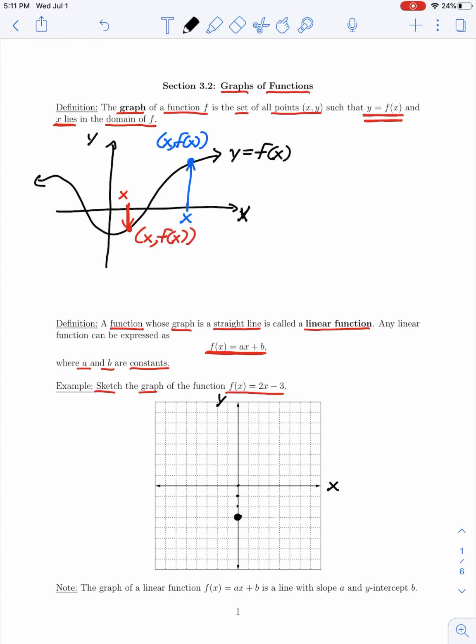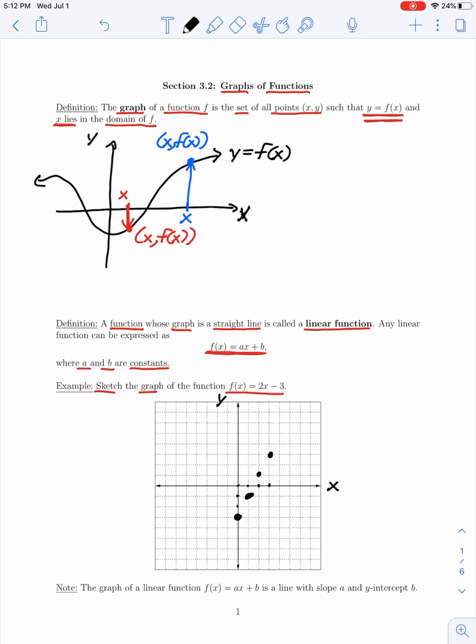Now if x is equal to 1, the value of our function f of 1 would be negative 1. So our curve is passing through 1, negative 1. Then when x is equal to 2, we would have f of 2 is 1. When x is equal to 3, we would have a y value of 3.